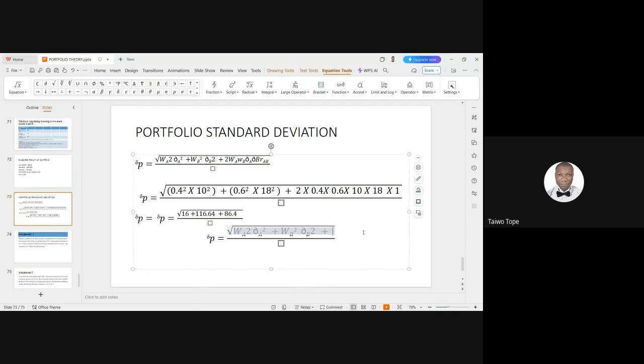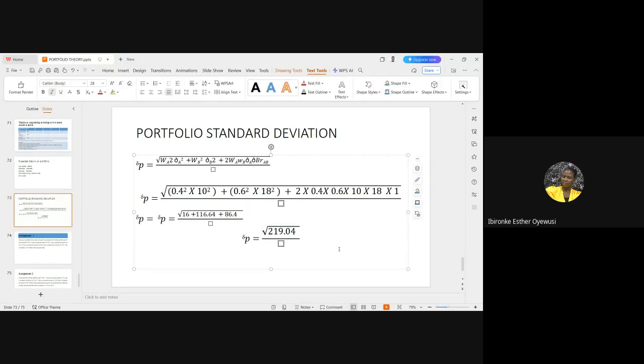So what would be the outcome? What will be the outcome? 14.8%, right?